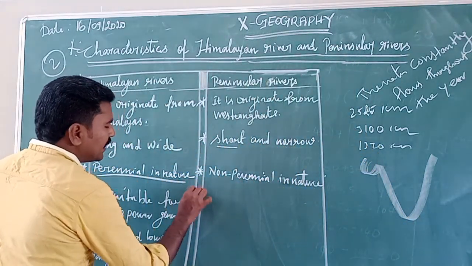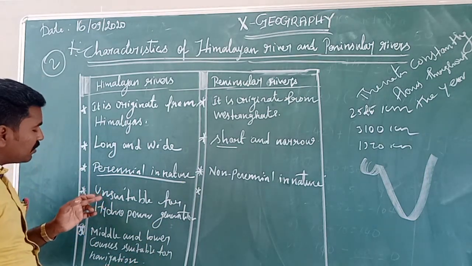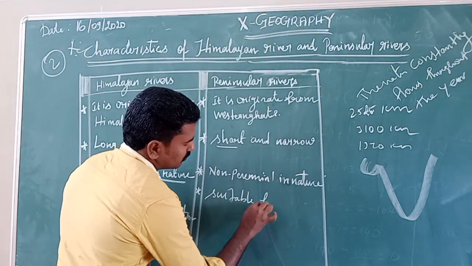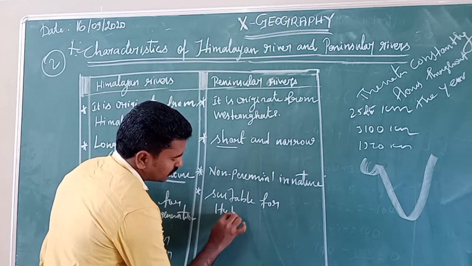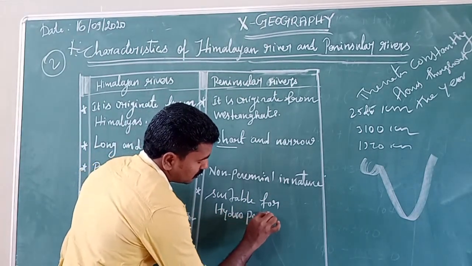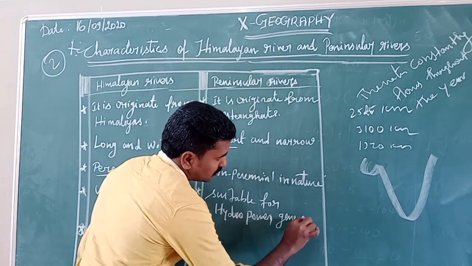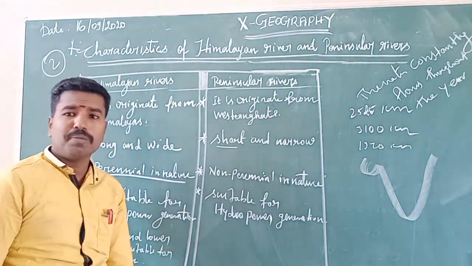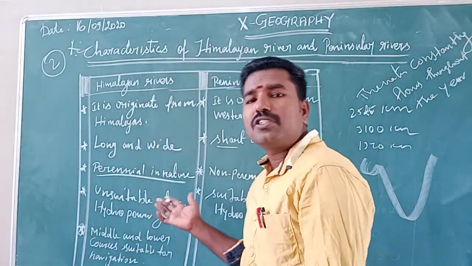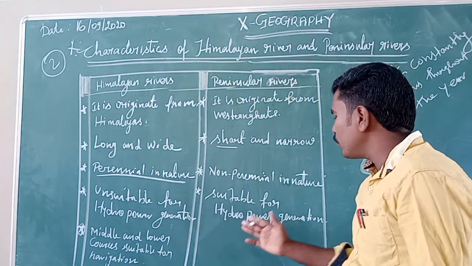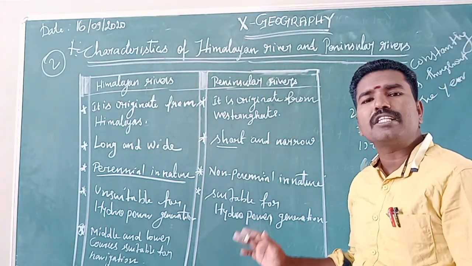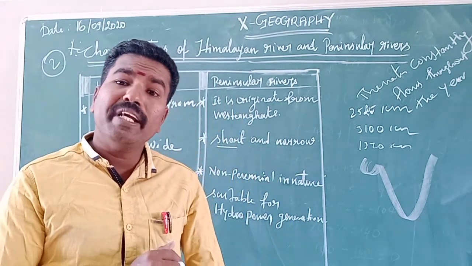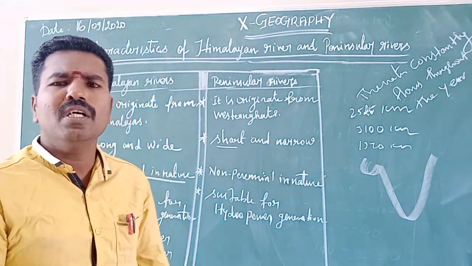And the fourth point: Himalayan rivers are unsuitable for hydropower generation, whereas peninsular rivers like Narmada, Tapti, Mahi, Sabarmati, Kaveri, Krishna, Godavari are suitable for hydropower generation, because it is possible to store water across the river by constructing dams. Most dams are constructed across these rivers.